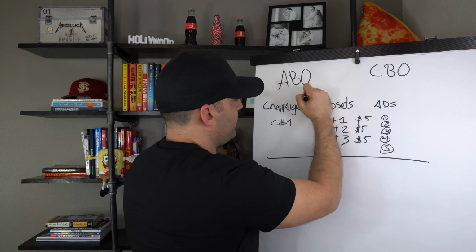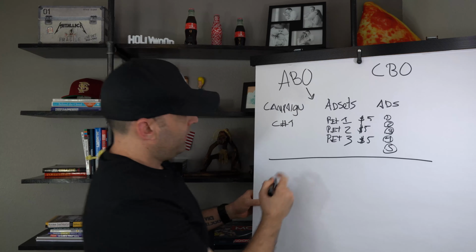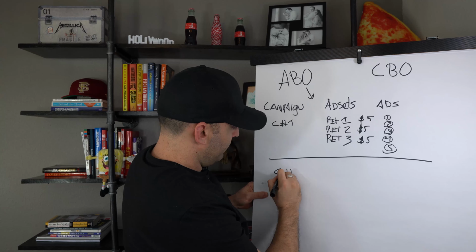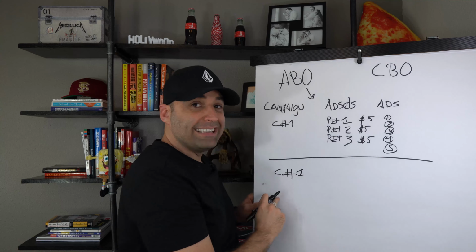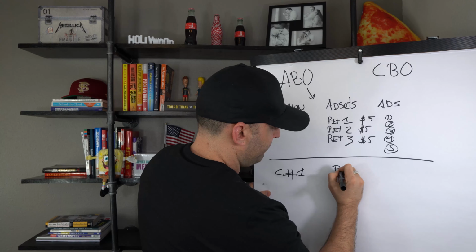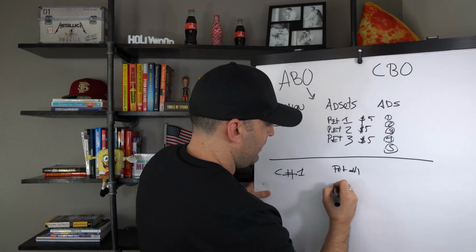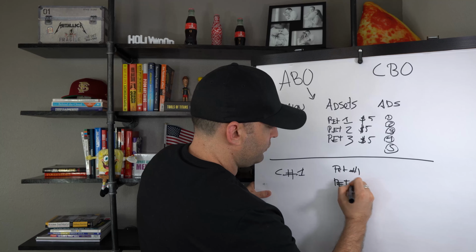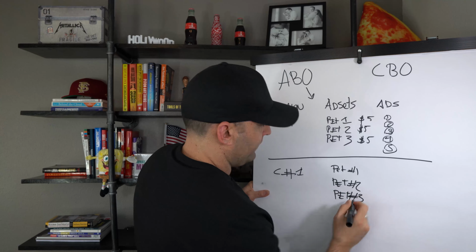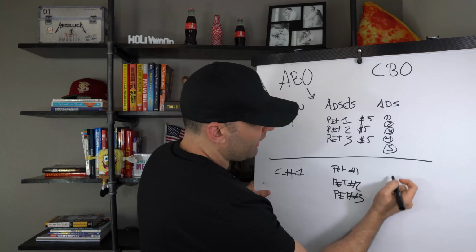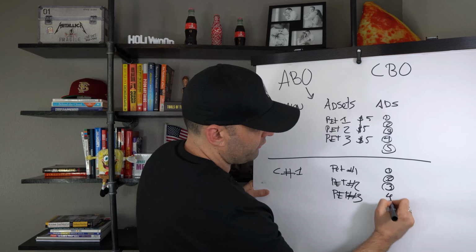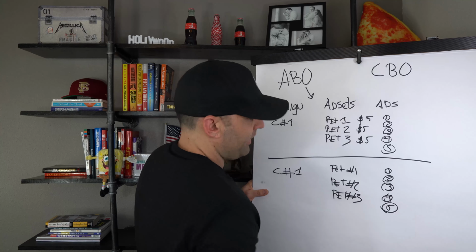So this is ABO. CBO is you set your budget at the campaign level, right? So you have your ad sets here, pet 1, pet 2, pet 3. Those are my interests, right? And then you had your creatives, 1, 2, 3, 4, 5, right?